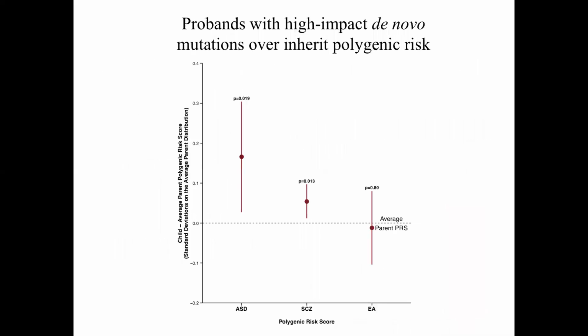And for autism polygenic risk and schizophrenia polygenic risk, you still see evidence of this overinheritance, which we think has a number of interesting implications, showing for the first time the role of common and rare variation contributing etiologically to autism.